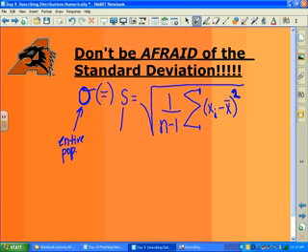Because if we're just using a sample, then we're going to be using our regular old letter, because we're using a sample. Now, standard deviation, as it says at the top of your paper, is the average distance from the mean. Let's think about our box plot that we were making.